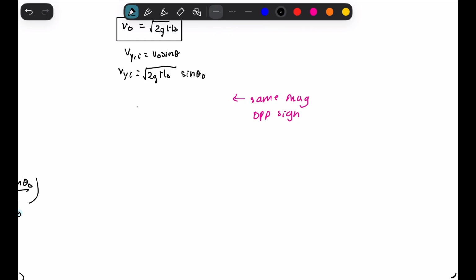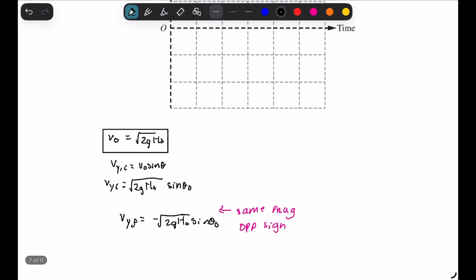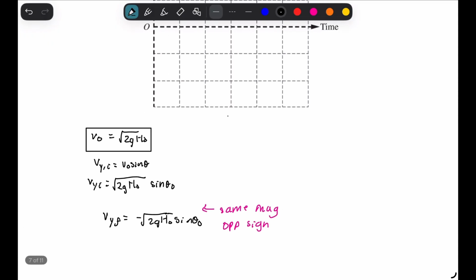Now, that is going to be vyf is equal to negative root 2gh initial sine theta initial. Now, we know for our acceleration, ay is going to equal negative g anywhere on Earth.